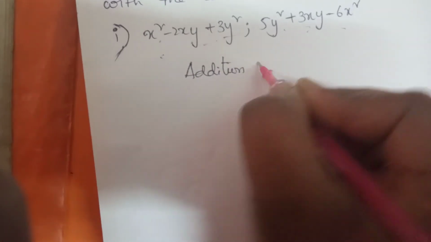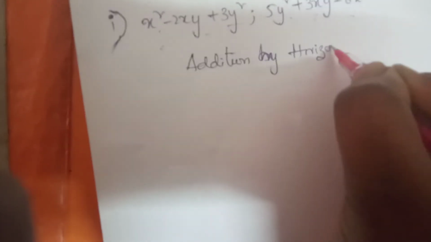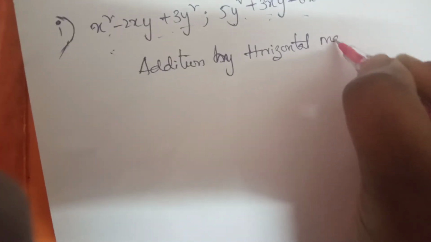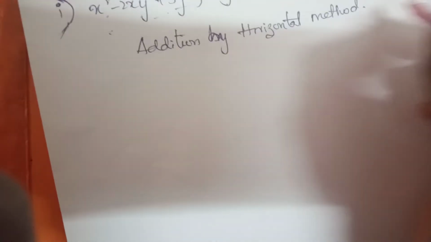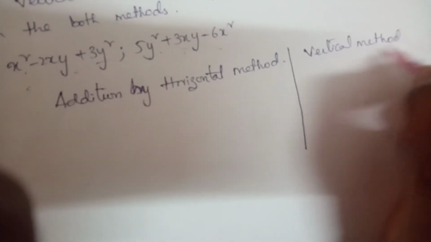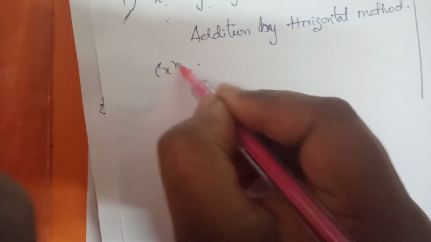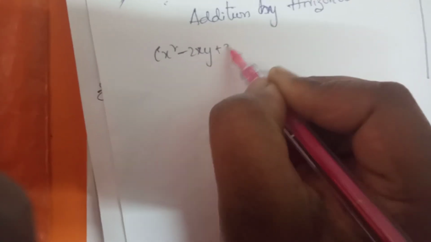First let us do addition by the horizontal method, and next the vertical method. First let us see the horizontal method. What is the value? x square minus 2xy plus 3y square.